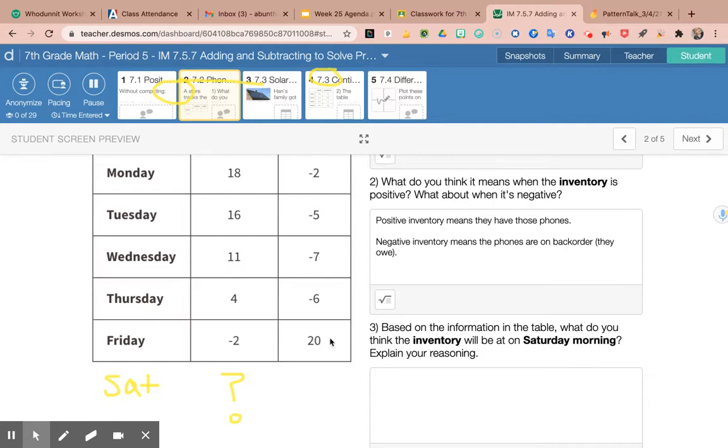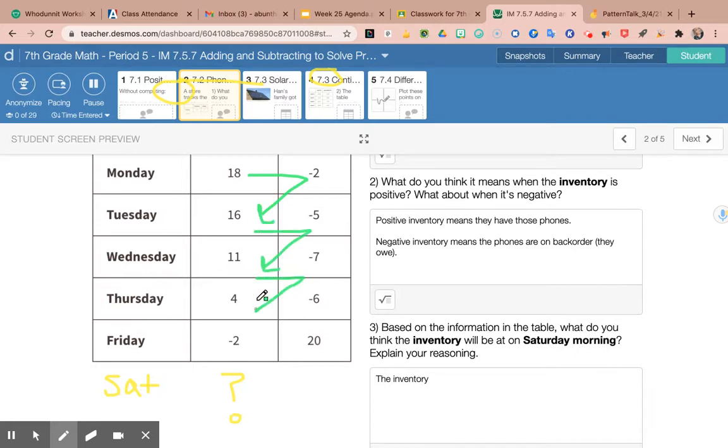And then they got a shipment of 20. So remember, they owed 2 people phones. They got a shipment of 20. What would they start with on Saturday? Feel free to replay that. So what would the inventory on Saturday be? Notice that it's going like this as the pattern.